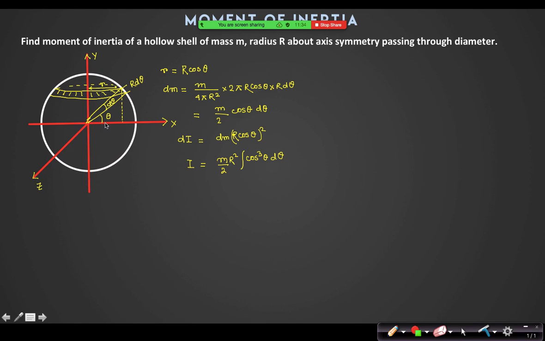Look, I am taking theta from here, so here theta is 0. As the ring is covering both the halves of the spherical shell, if I only move from 0 to 90 degree, it will completely cover the upper hemisphere. And if I make it from minus pi by 2 to 0, then it will be for the lower hemisphere. So it should be from minus pi by 2 to plus pi by 2.